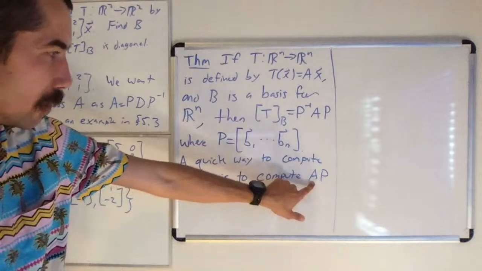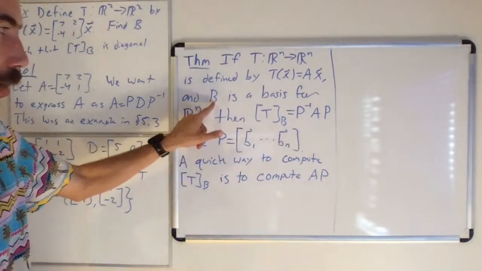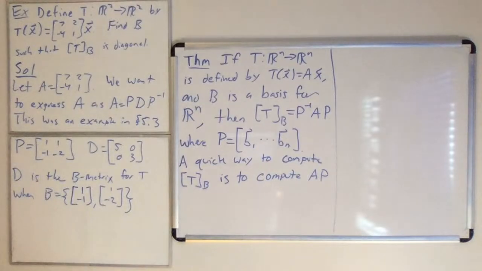A would be given to us, and P would basically be given to us because we would be given all the basis elements of B.